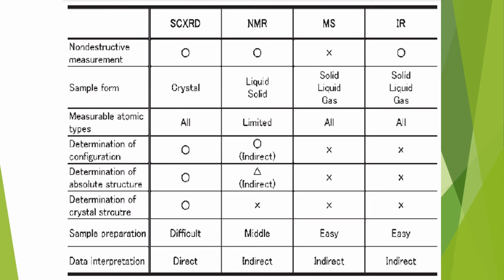Solid, liquid, gas samples can be used in different techniques, and there are measurable atomic types. So SCXRD can measure all types of atomic sizes, and there are other properties like determination of configuration, determination of absolute structures, determination of crystal structures, sample preparation, and data interpretation. Here we can see that the single crystal XRD technique is superior to all other techniques in determining the structure of the atom.